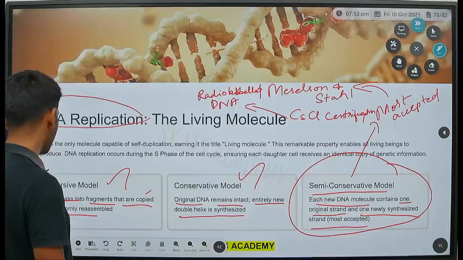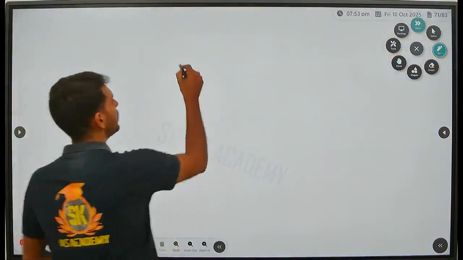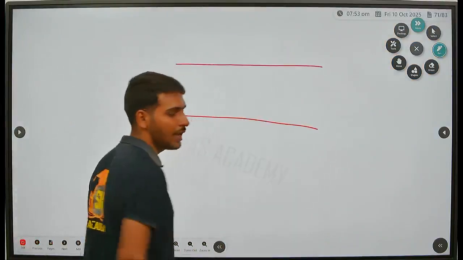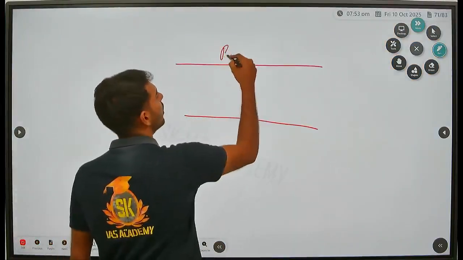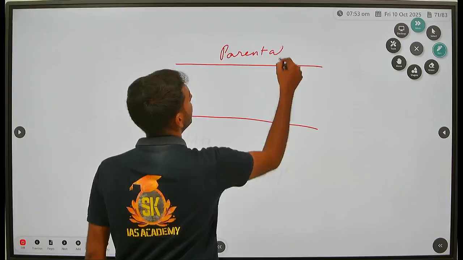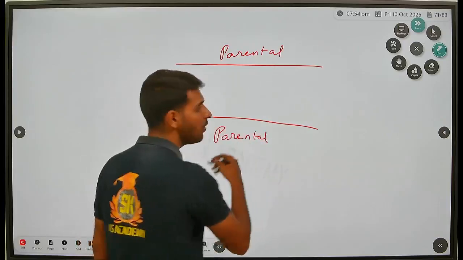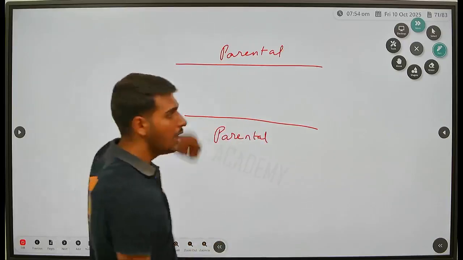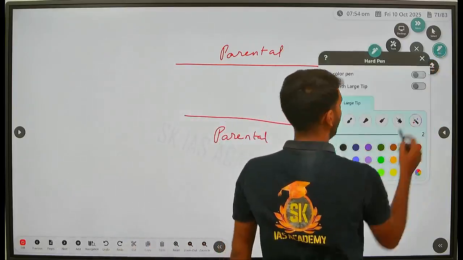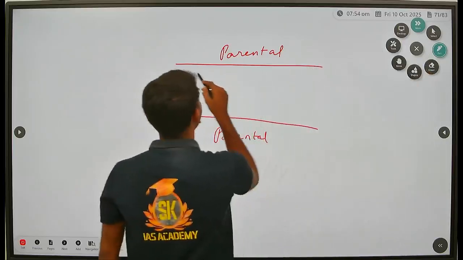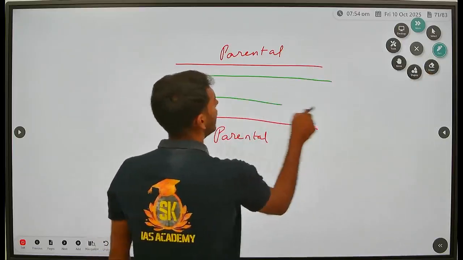What happens in the semi-conservative model is, suppose this is your DNA. These both are what? Parental strands. They will separate. Now from each strand, a new strand will be synthesized.